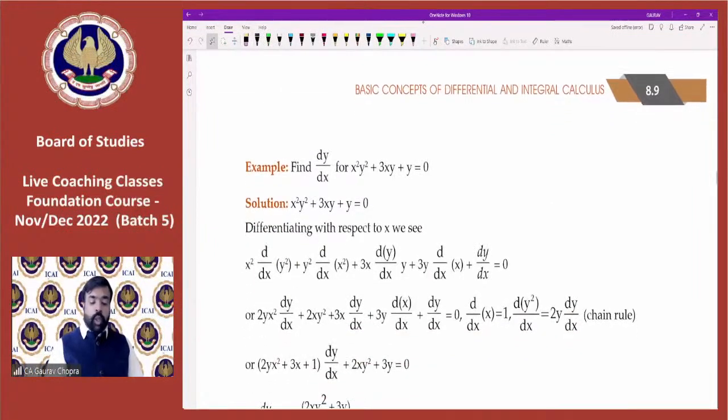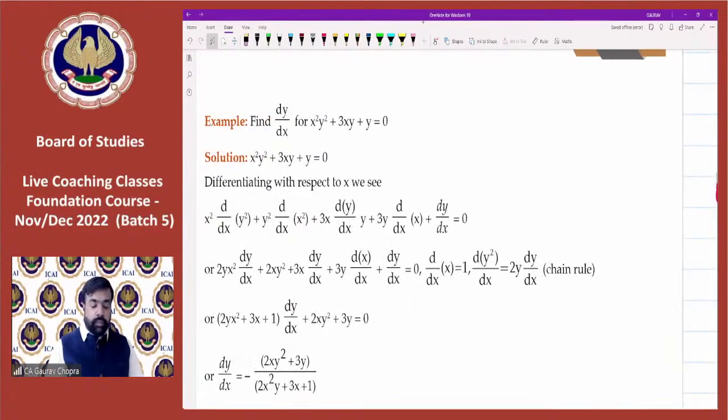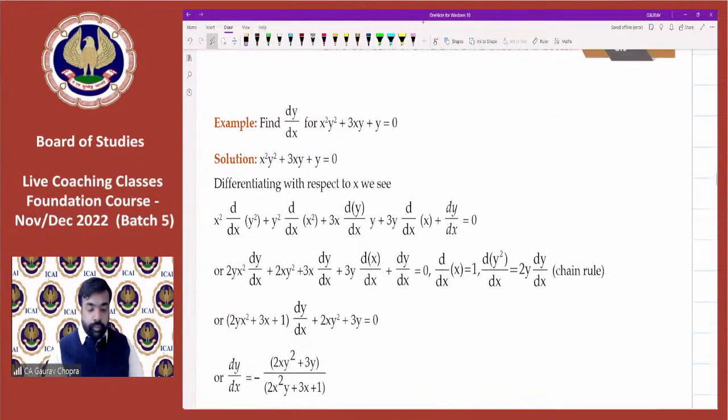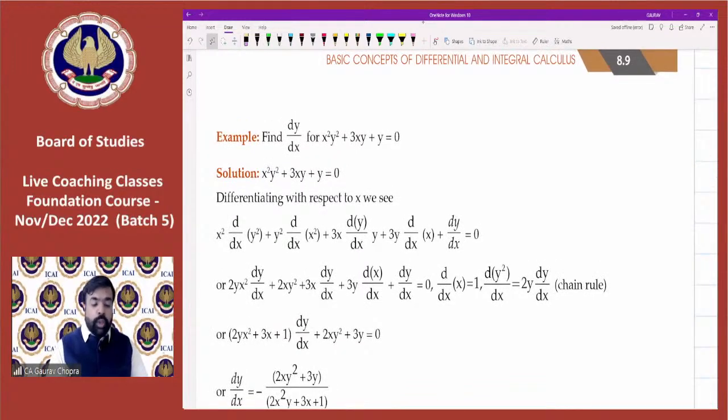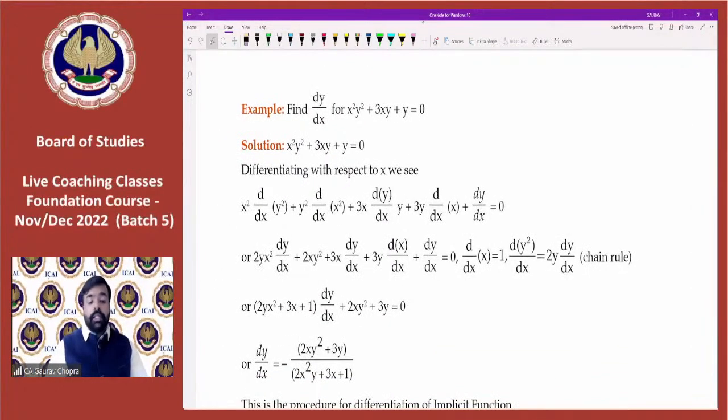Now we have to solve this equation. First of all, we are having x square multiplied by y square. So two functions are there in one shot. Then 3xy, again two functions, and y is all alone, so it is a single function. All these are equal to 0.